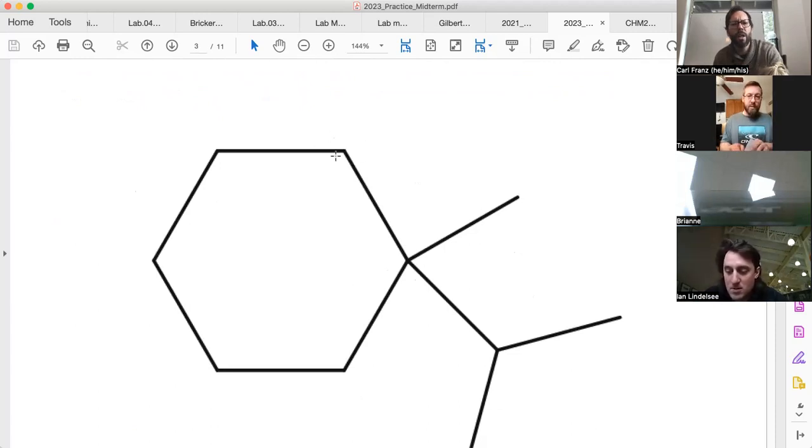Can you see my cursor moving around? Yeah, I can see it. Secondary. Okay, thank you. And then this is the tertiary. The tertiary is going to have the lowest bond dissociation energy, because quaternary isn't going to dissociate at all. And this is the most stable.